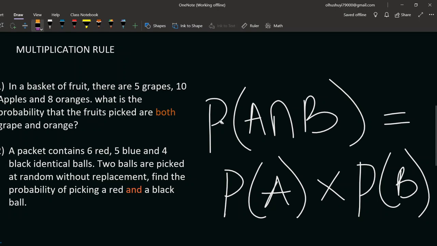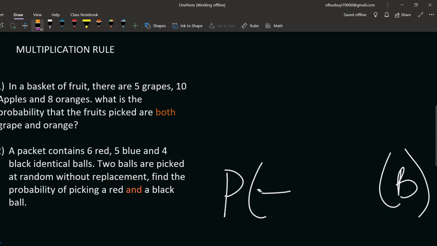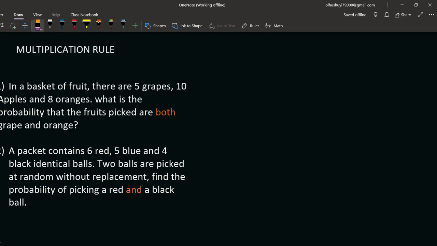So let's get to work. When you're dealing with the multiplication rule, this is what it means: probability of A and B, that means probability of A times probability of B. This is what we use to do our solving.